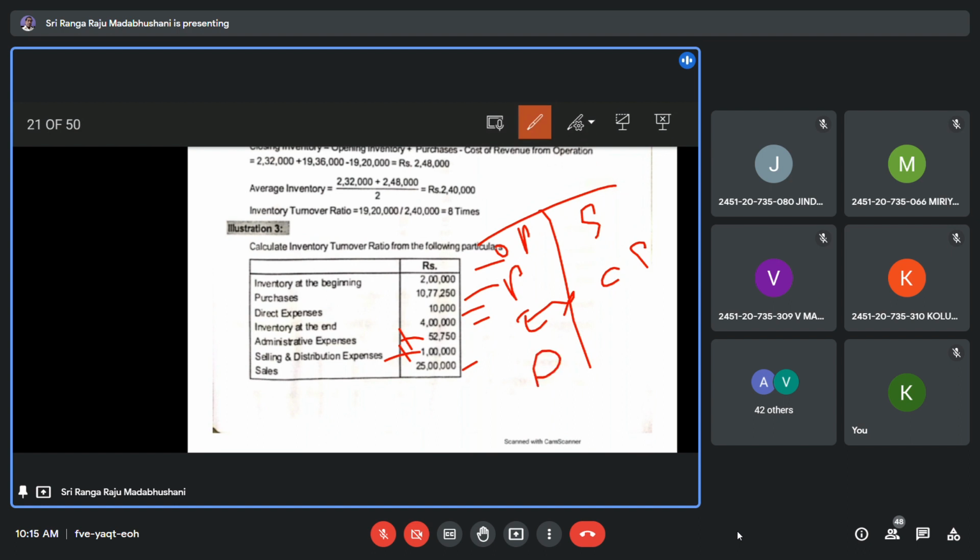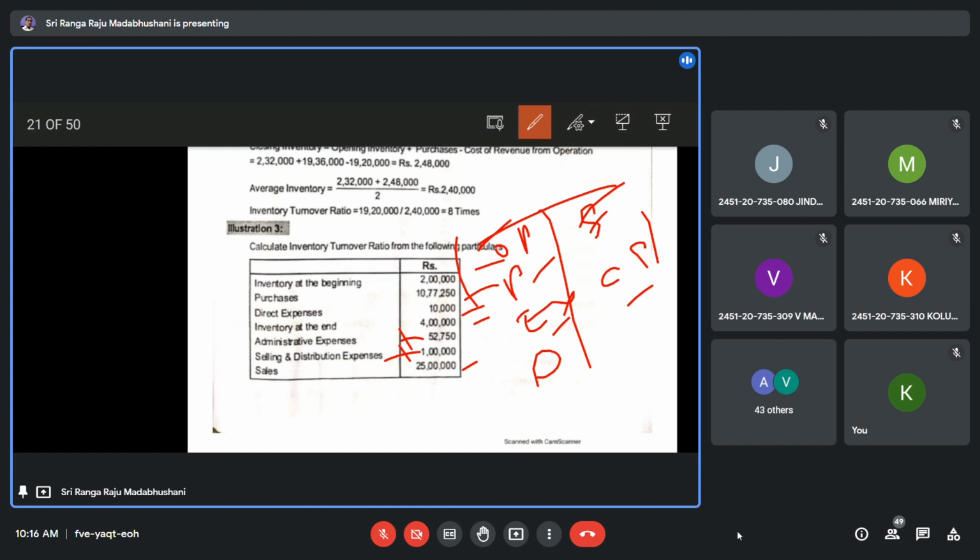So that gross profit, if you subtract from sales, you will get cost of goods sold, or sales minus opening stock, purchases, expenses in the bracket minus closing stock. Then you will get cost of goods sold, not sales. Opening stock plus purchases plus expenses minus closing stock.